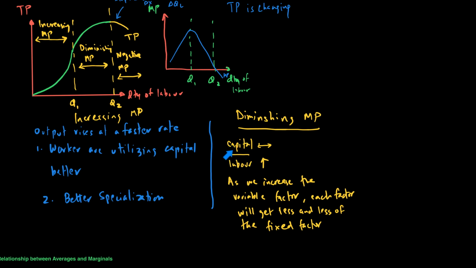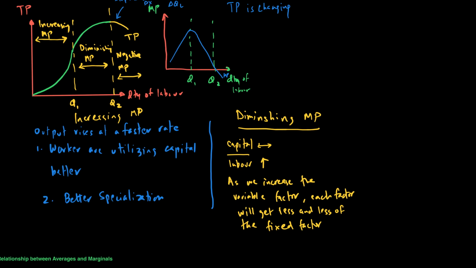The productivity of the variable factor will be lower than the factor before it, which had more capital to work with, and that results in ultimately MP starting to fall and TP starting to rise slowly. Remember, the law of diminishing MP is a physical law and not an economic law, though we use it in economics, but that's the way it is, that the fixed factor is making the variable factor's productivity get affected.